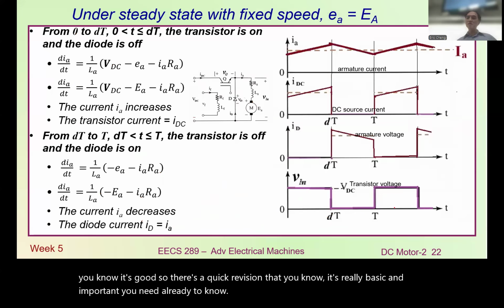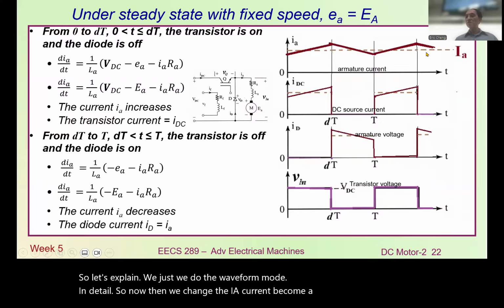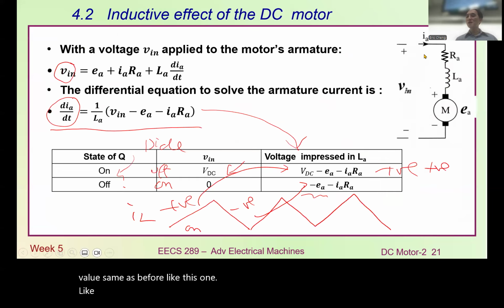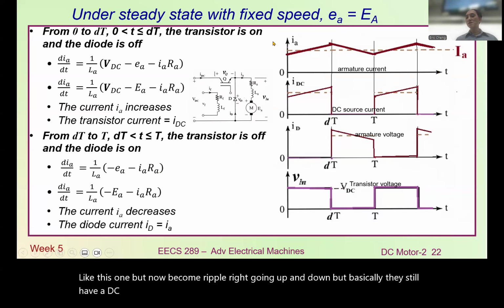So next, we look at the waveform in more detail. Now we change the IA current to a ripple current with the average value the same as before, but now it has ripple, going up and down. But basically it still has a main DC component for the main current. Because IL goes up and down, we see this ripple.